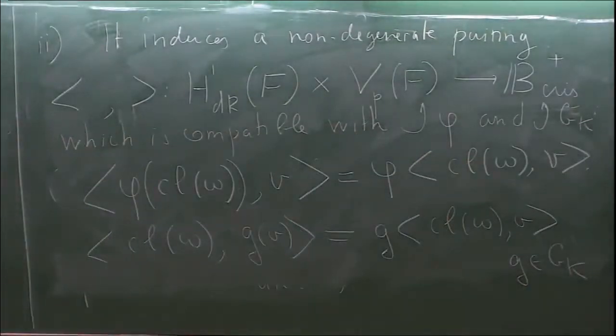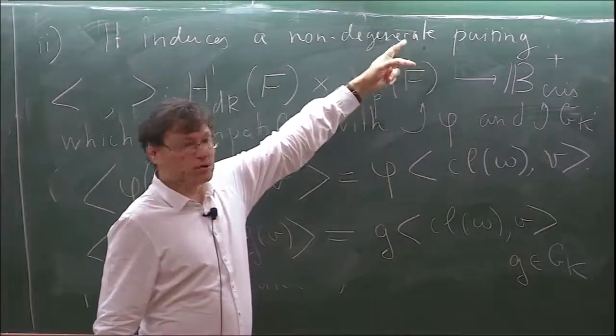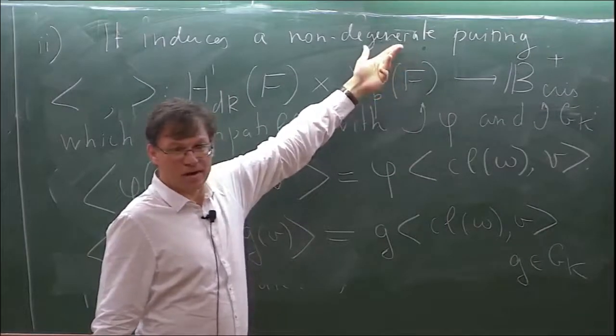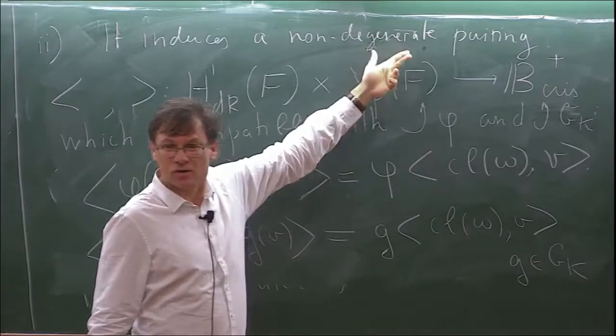So in this statement, all points are easy to check, except the non-degeneracy of the pairing. And to prove this, normally one should pass to the dual object.